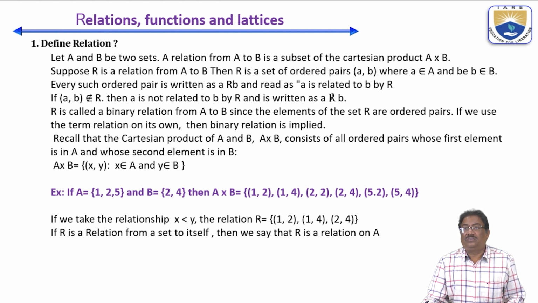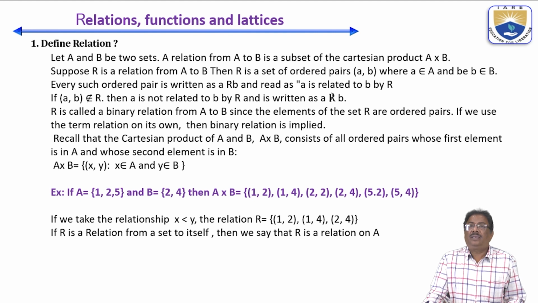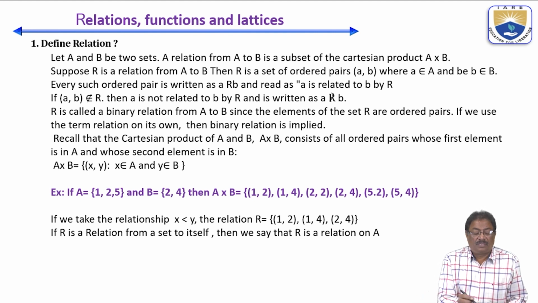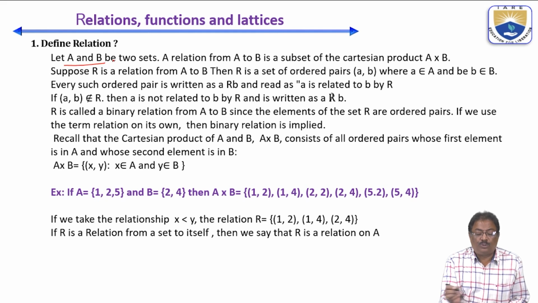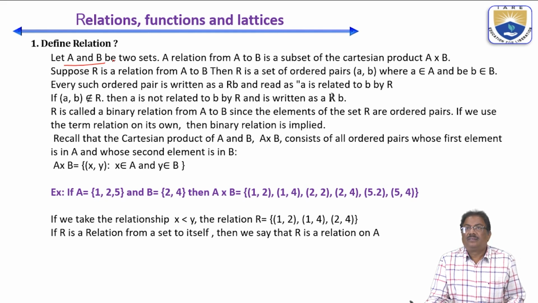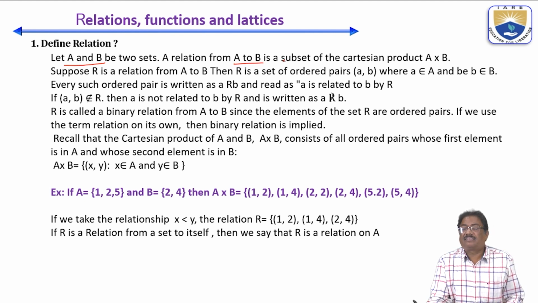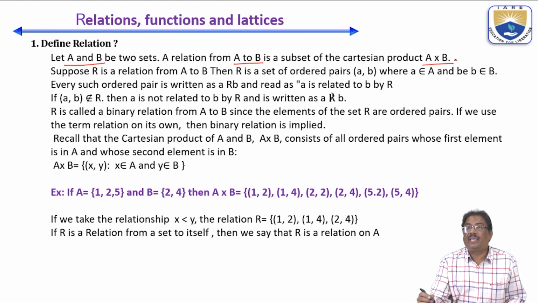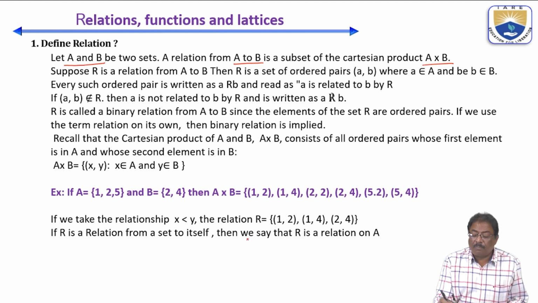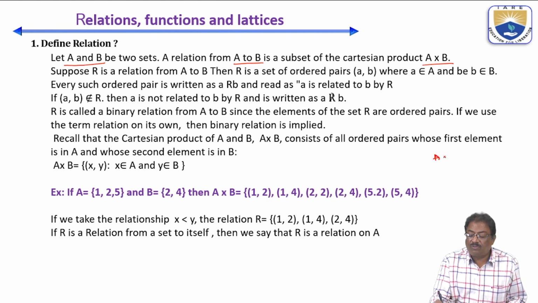What is a relation? A and B are any two sets. A relation from A to B is a subset of the Cartesian product A cross B. Let us say A is equal to {1, 2} and B is equal to {a, b}.